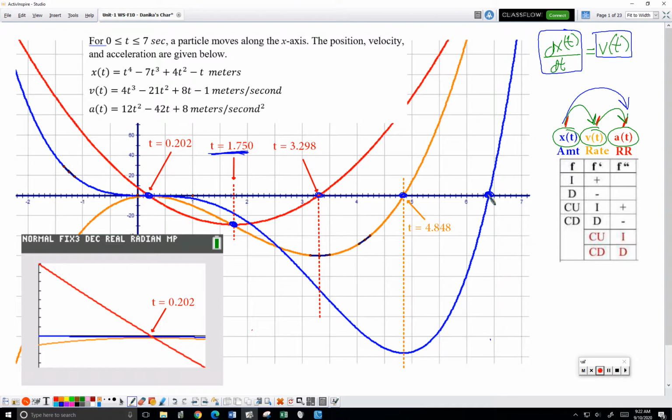This point has significance: like we talked about before, this particular particle went left for quite a while, went all the way to about -155, then came back. This is the exact time when the particle is once again back here at the origin. It just didn't show up in any of the questions in this packet. Good question.